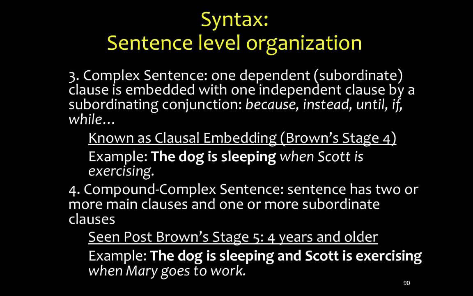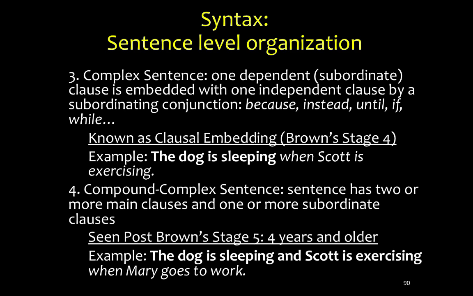And last, there is the compound complex sentence structure, and this sentence has 2 or more main clauses and 1 or more subordinate clauses. So in this example, the dog is sleeping and Scott is exercising when Mary goes to work.